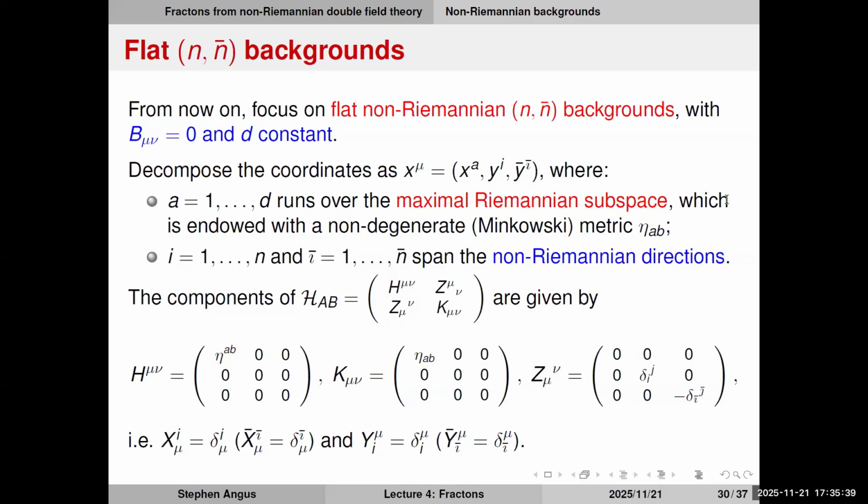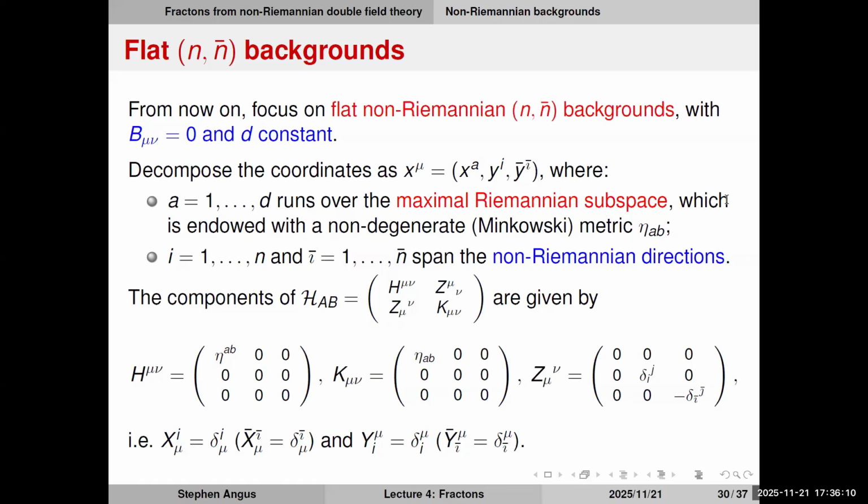And then z mu nu has Kronecker deltas on the non-Riemannian directions, and the I and I bar directions differ by a sign. So in this flat case, you recover Minkowski: the Riemannian part is Minkowski.